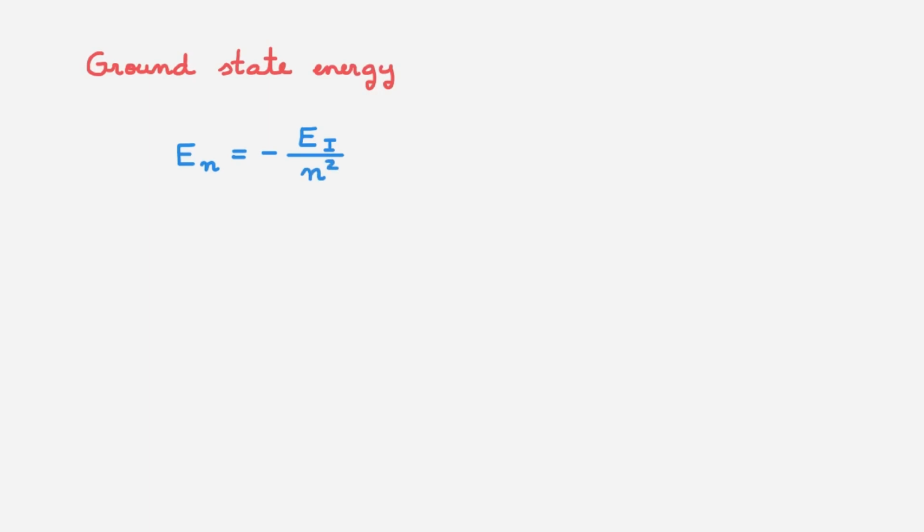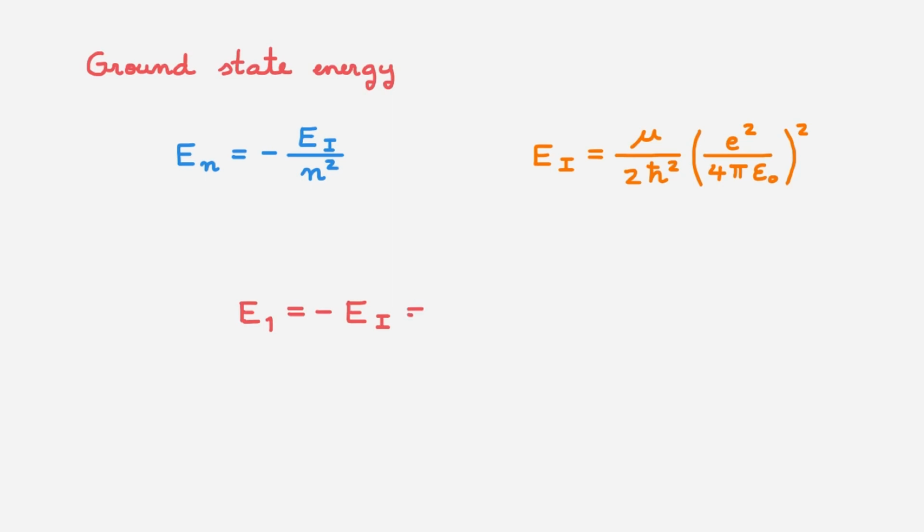And remember that the ionization energy is given by this expression in terms of the reduced mass and of fundamental physical constants. From this general expression, we can write the ground state energy E1 as equal to the negative of the ionization energy, and explicitly we get this.